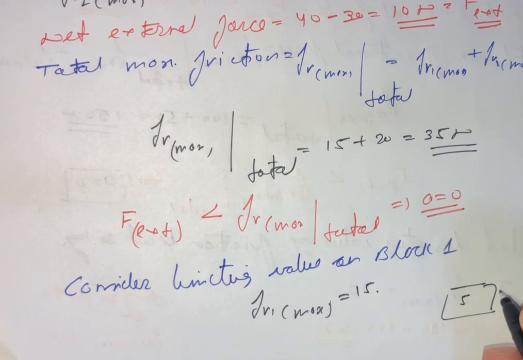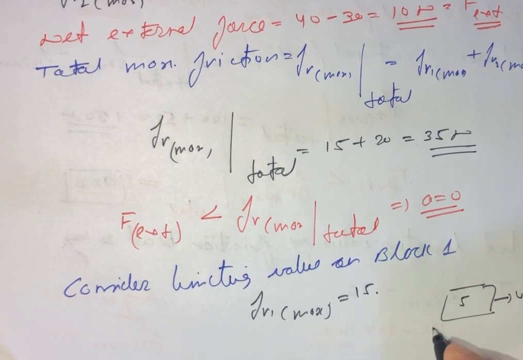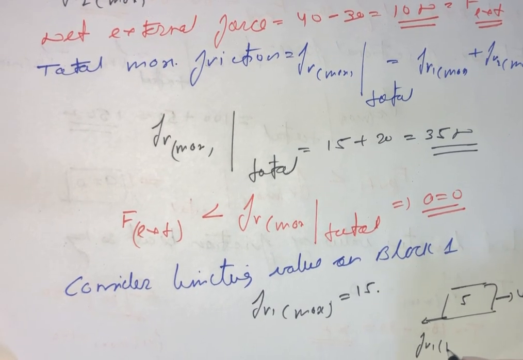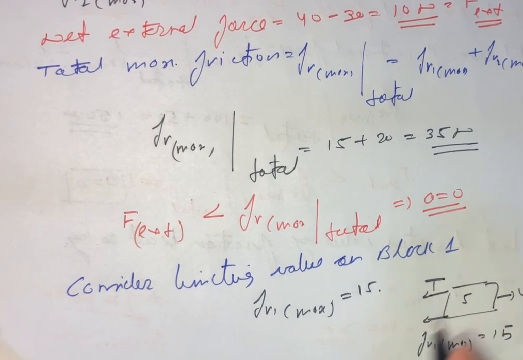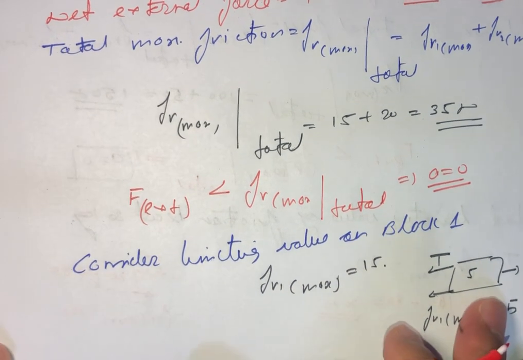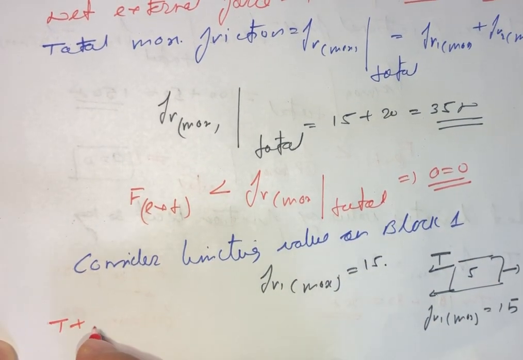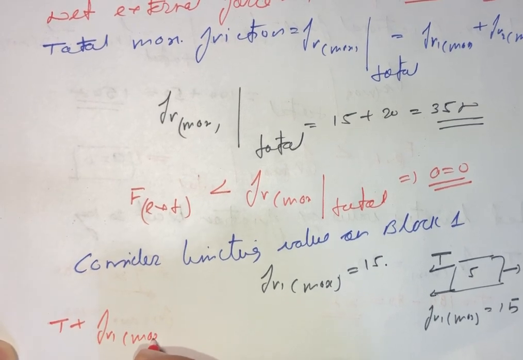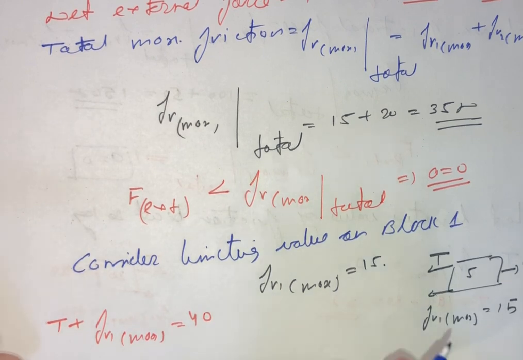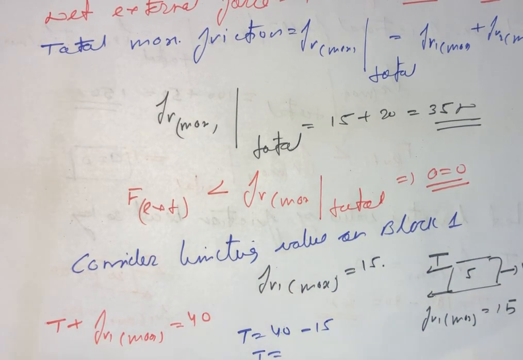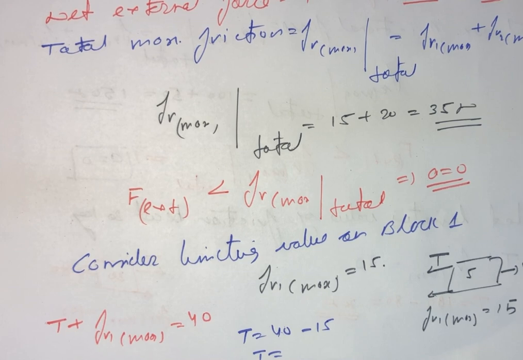This is our 5 kg, force of 40 Newton. This is our FR1 max, which is equal to 15, and we have tension T. You can see that T plus FR1 max is equal to 40, and from here we can find the value of T. T will be equal to 40 minus 15. So T we get as 25 Newton.